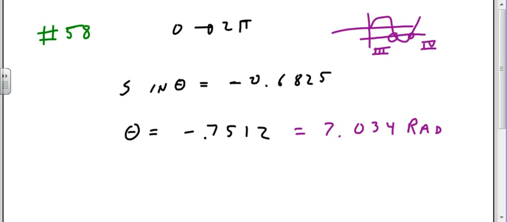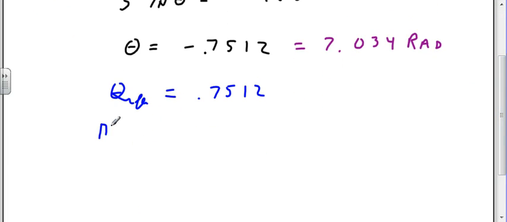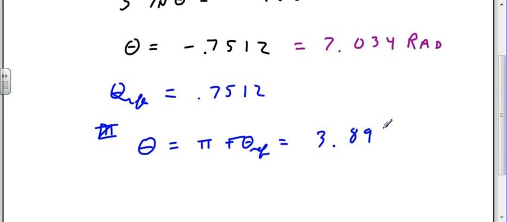Okay, so that's my fourth quadrant answer. My reference angle is 0.7512. And in the third quadrant, which is my other answer, my angle is going to be pi plus the reference angle. So pi plus 0.7512 is 3.893.